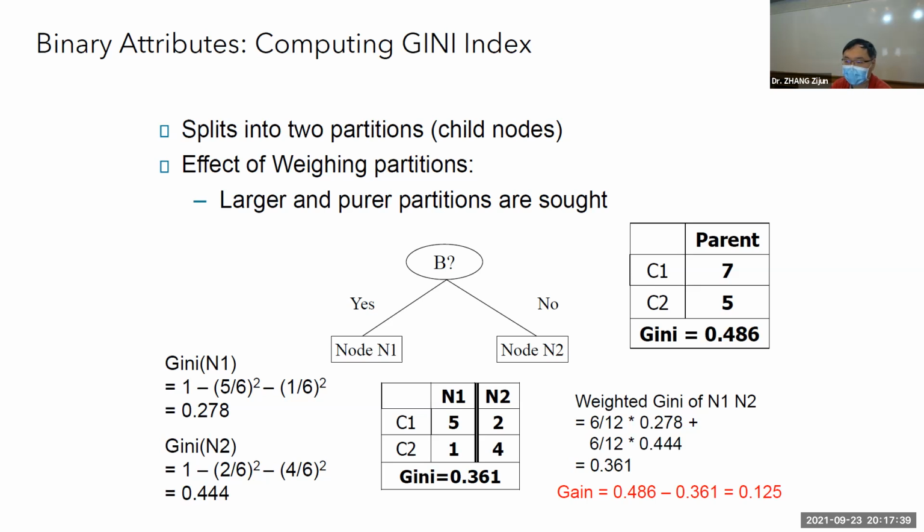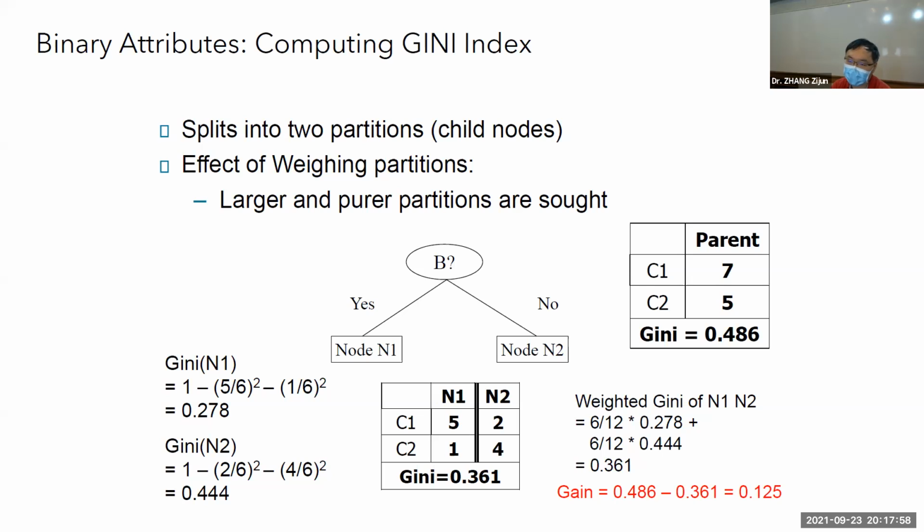So we consider attribute B, and we do a 2-partition because it is binary. So it will have 2 child nodes.